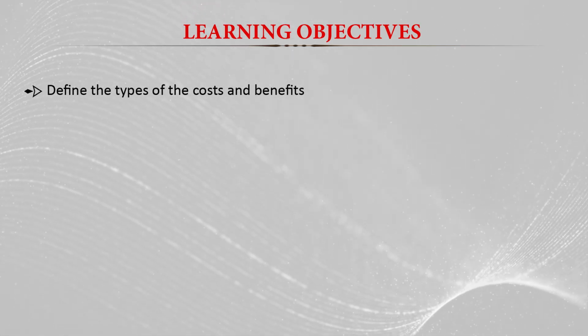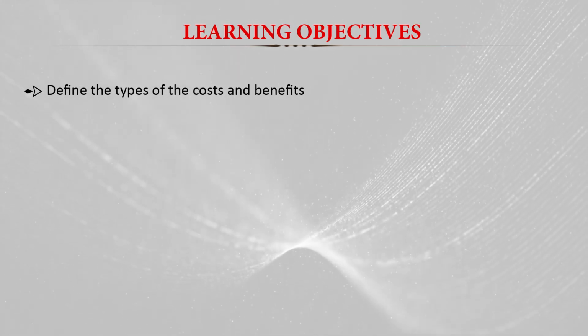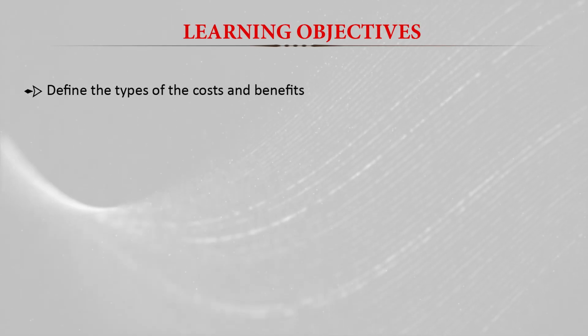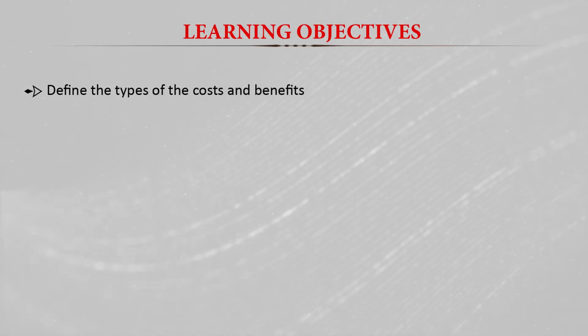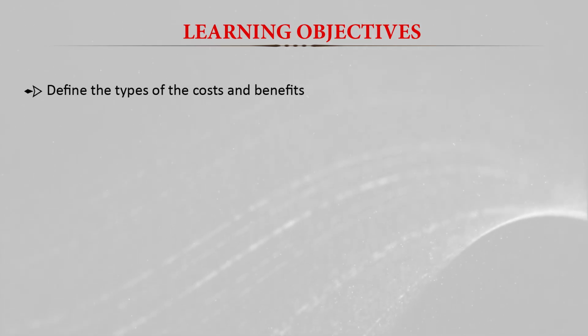Another way of classifying cost and benefit is based on the easiness of valuation or expressing in monetary terms. So these are the 2 ways through which we can define the costs and benefits.